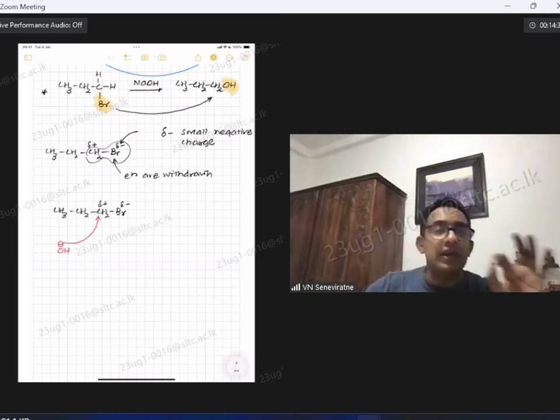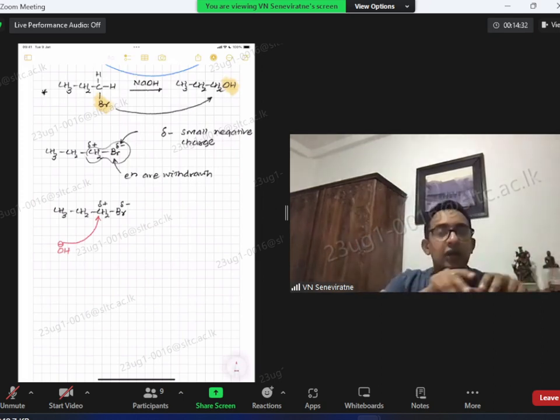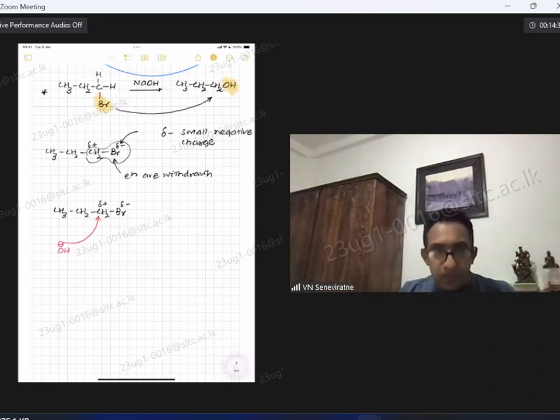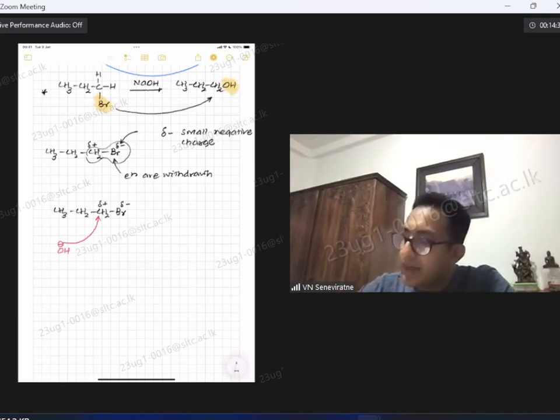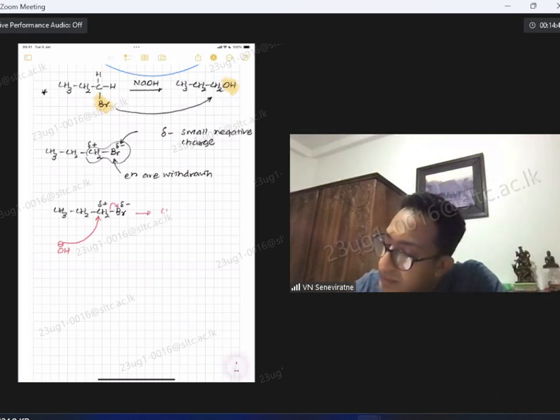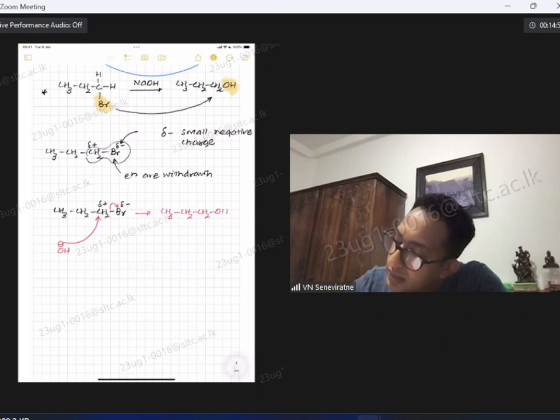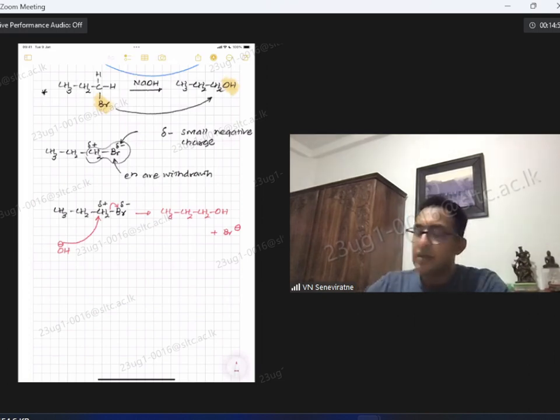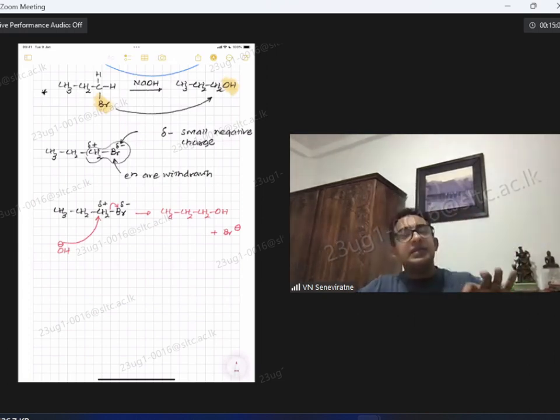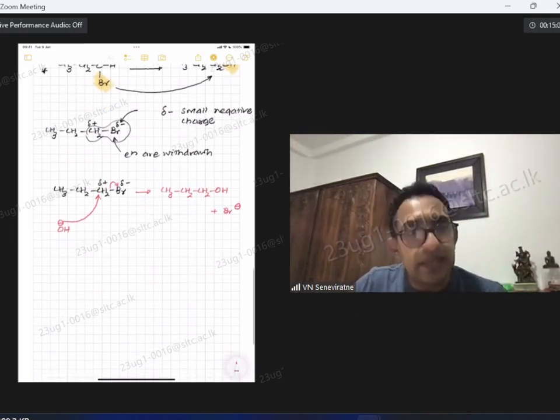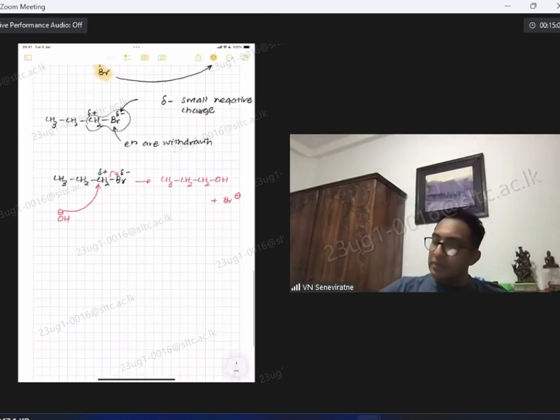A curly arrow represents two-electron movement, so hydroxyl gives those two electrons to that carbon. Then the carbon-bromine bond breaks towards the bromine, giving CH3CH2CH2OH and Br minus. So here, Br is replaced with OH, and we say it's a substitution reaction. That is what is meant by a substitution.